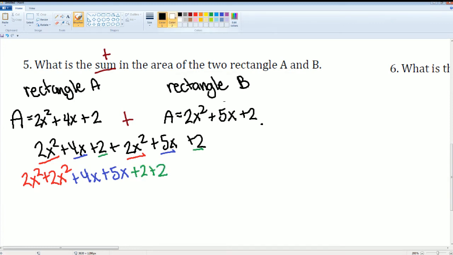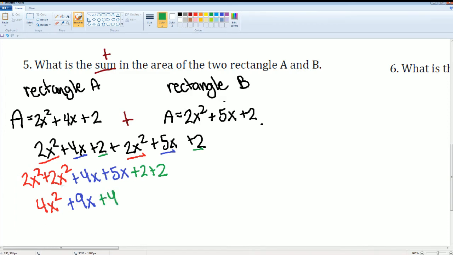Now we can simplify. 2x squared plus 2x squared becomes 4x squared. Remember, you're adding, so the exponents remain the same. Okay, 4x plus 5x becomes 9x, and 2 plus 2 becomes 4.